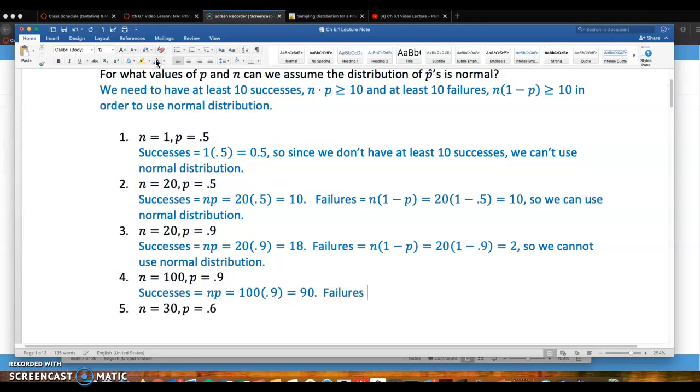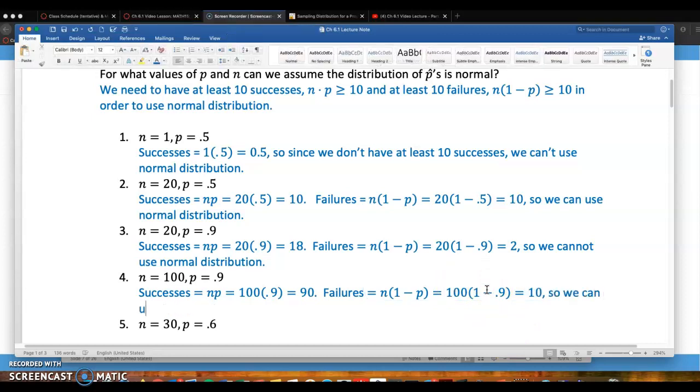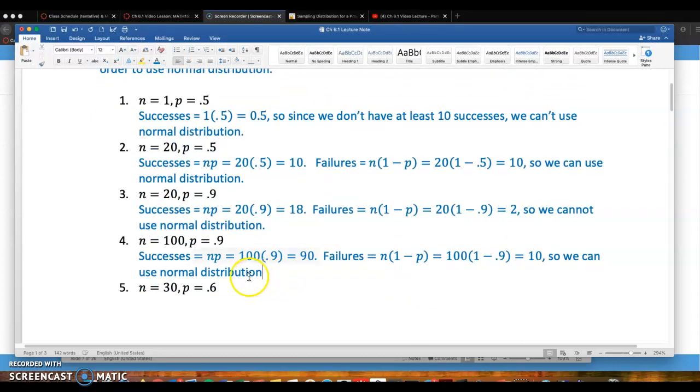And the number of failures would be n times 1 minus p, which is 100 times 1 minus 0.9. 1 minus 0.9 is 10%, and 10% of 100 is 10. So we can use the normal distribution, because I've got at least 10 successes, 90, and at least 10 failures.